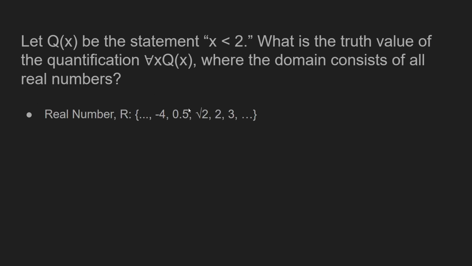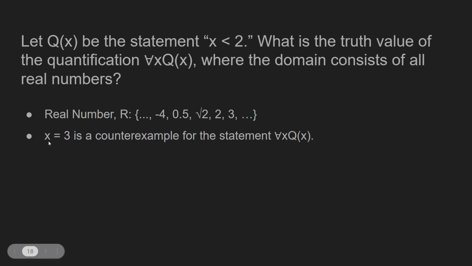First, I don't know if you know about real numbers or not, so I define what real numbers are like this. Real numbers are -4, 0.5, √2, 2, 3, etc. Alright, so for all real numbers x should be less than 2. Then this q of x would be true for universal quantification.